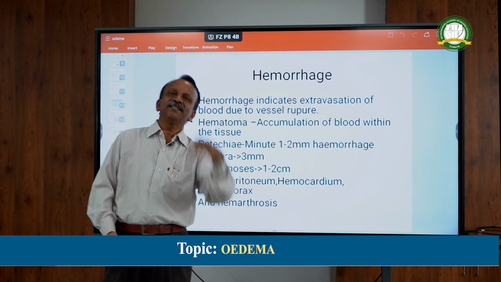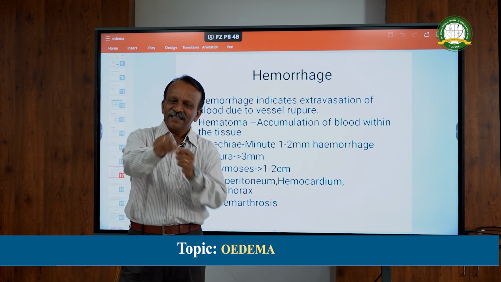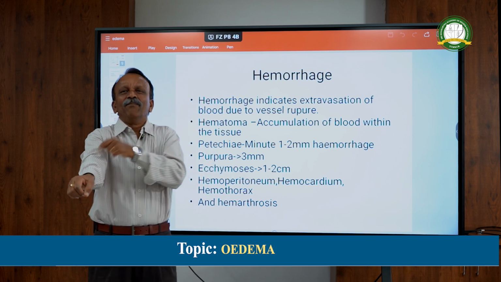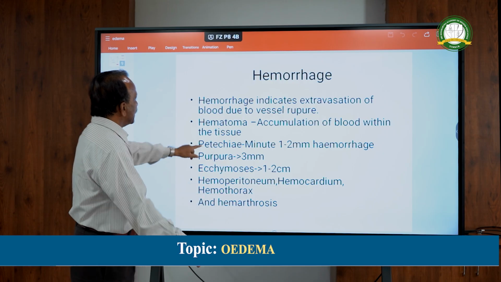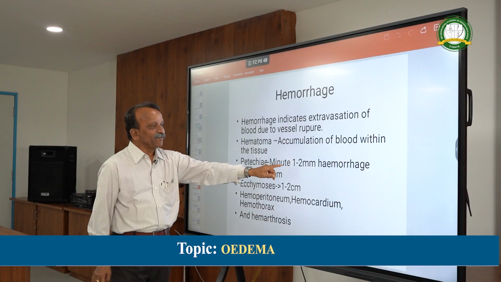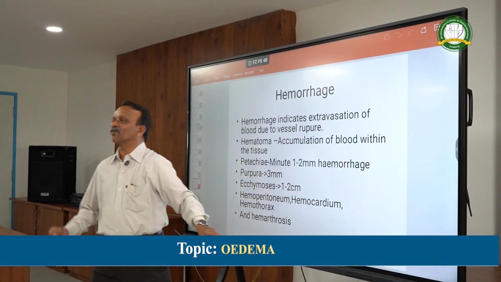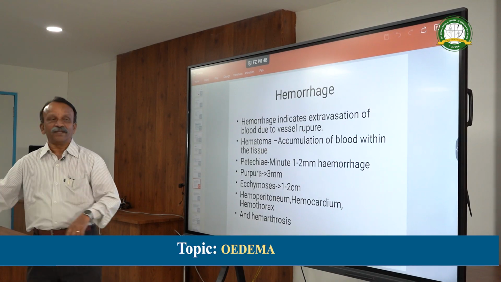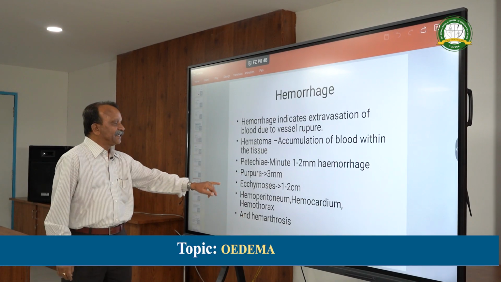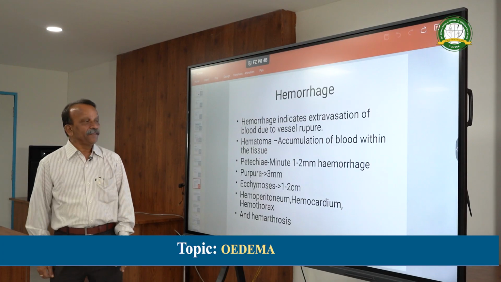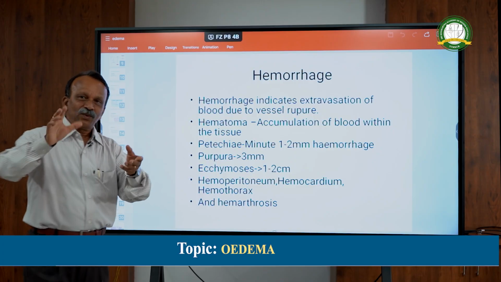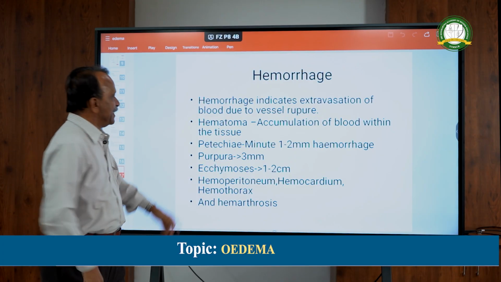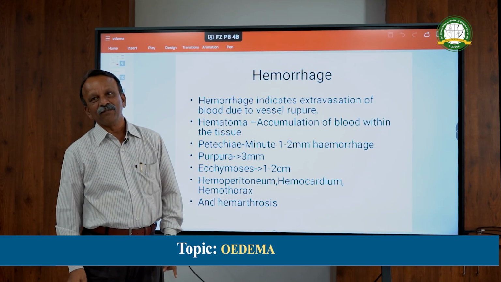So once there is a decrease in the number of platelets, it results in small tiny red dot-like structures, called petechiae, which measure 1 to 2 millimeters. If it is larger, more than 3 millimeters, that is called purpura. And if it is 1 to 2 centimeters, very large in size, that is called ecchymosis.